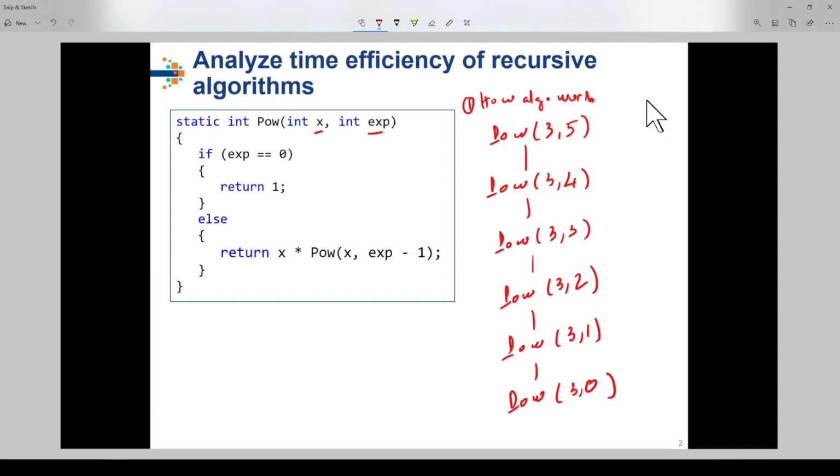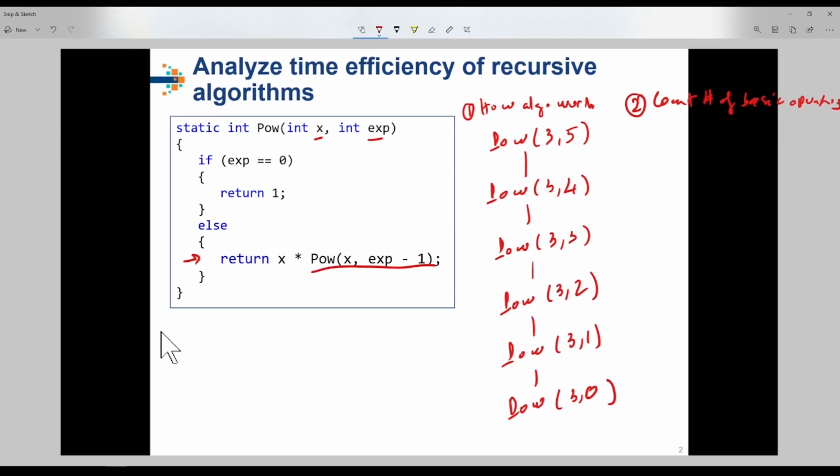Now we need to count. So number 2, count the number of basic operations. Let's ask ourselves, how can we count the number of operations when, for example, x equals 3 and the exponent is 5? This is important.